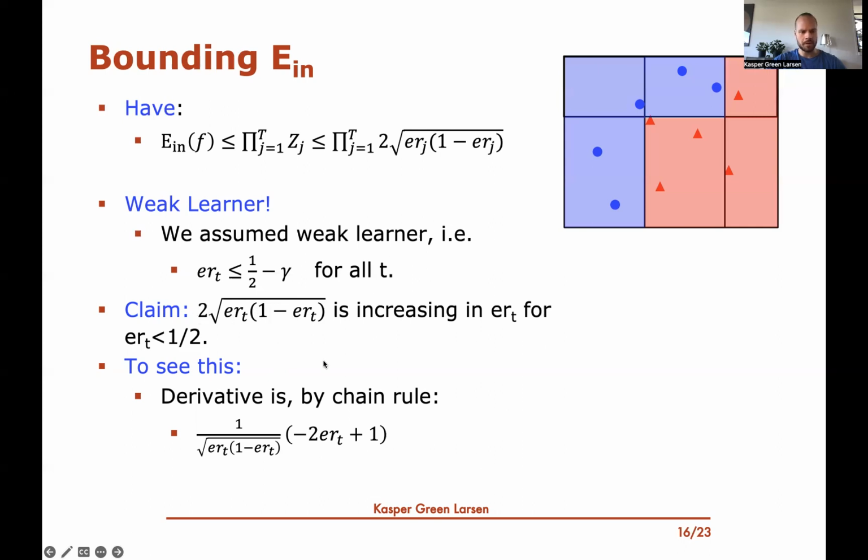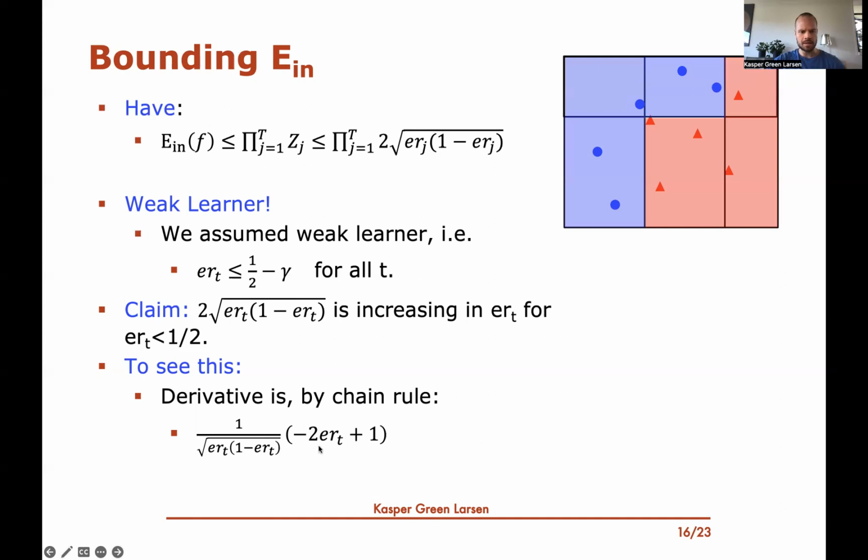I now have 1 over the square root of the inner function, so 1 over the square root of ε_t times 1 minus ε_t, and then I have to multiply by the derivative of the inner function. The inner function is ε_t minus ε_t squared. The derivative of minus ε_t squared is minus 2ε_t. The derivative of ε_t is 1. So this is what I get from the inner function. By the chain rule, this is the derivative.